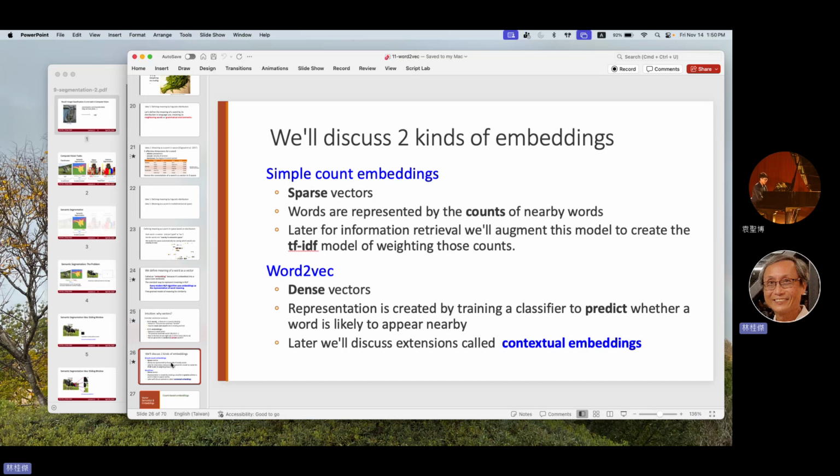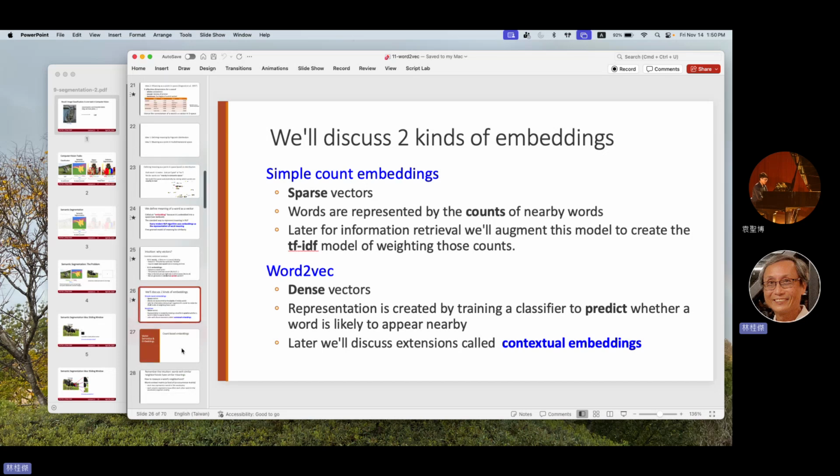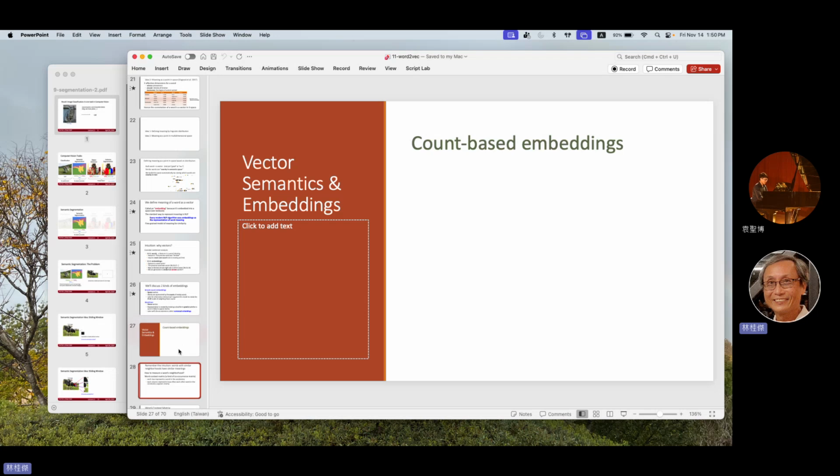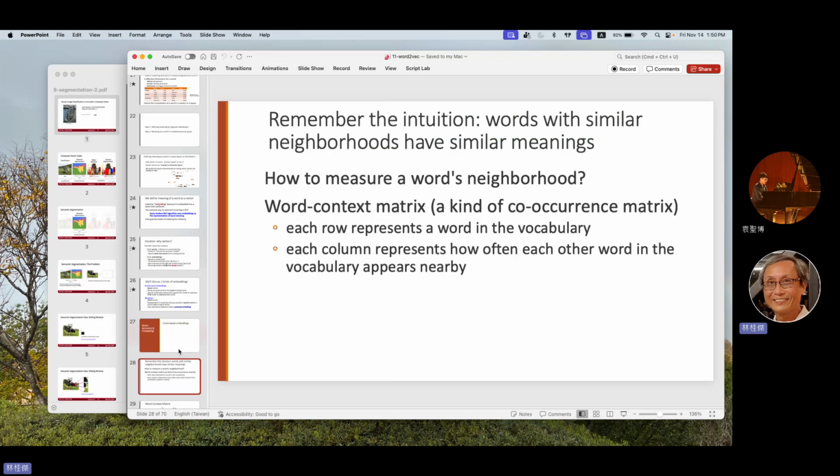There are two commonly used kinds. One is the counting embedding, a simple count embedding, and the other, more popular one is called word2vec. The counting dimension is something you can see very intuitively.